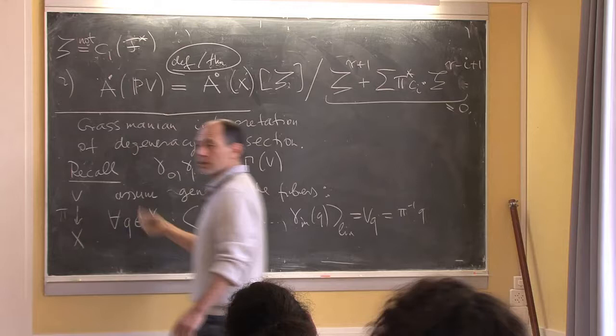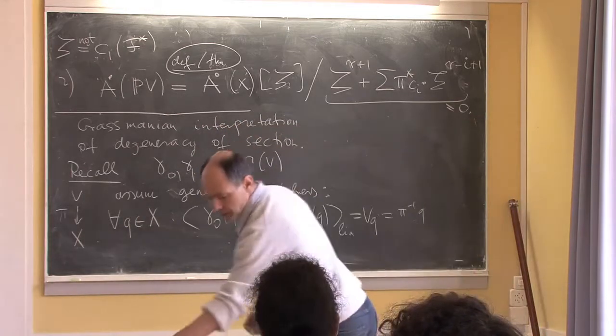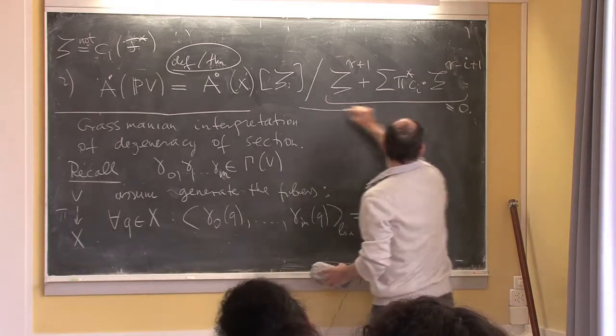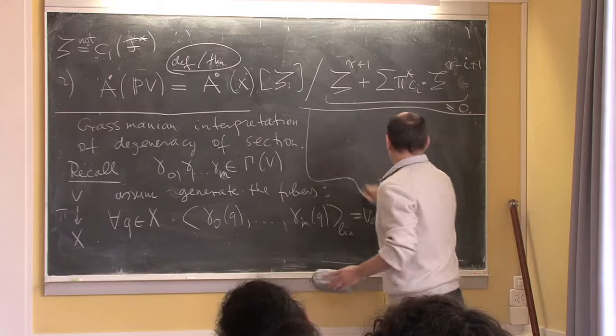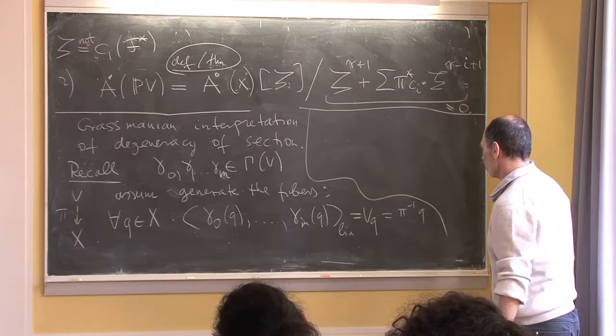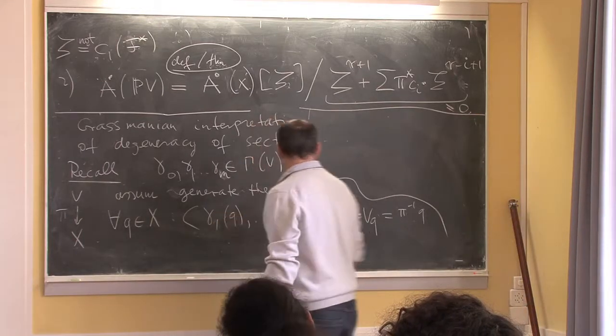Okay, so that's what it means that they generate. So let's assume that. So I'm already a little suspicious that I shouldn't have had the 0 there. So anyway. Okay, so what the point is the following, that if this is true, then I think it should be 1, sorry.